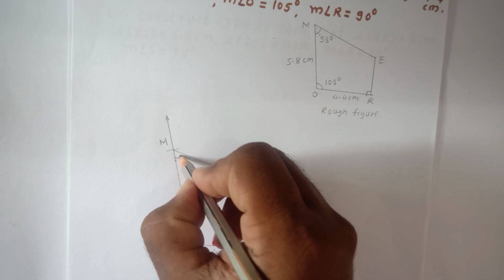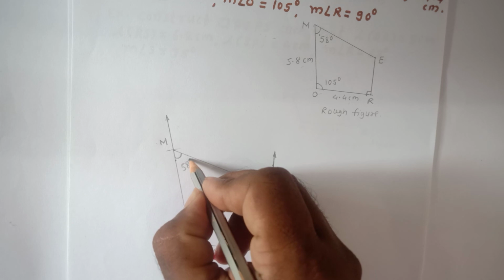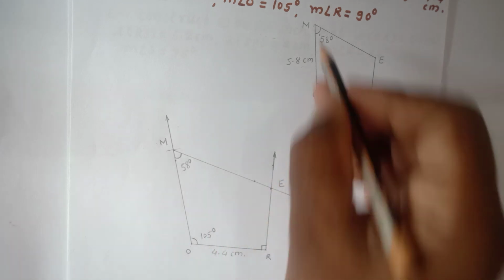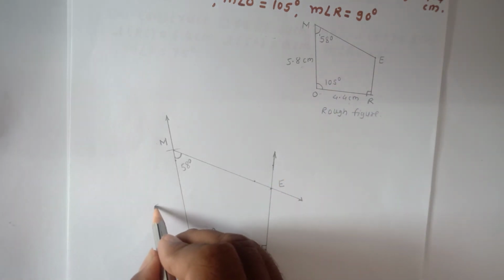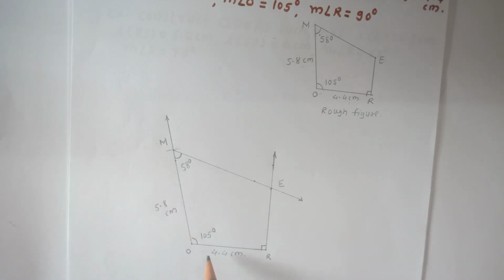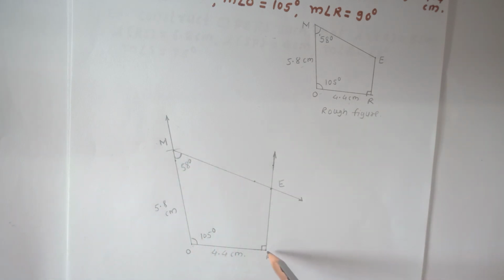This angle is 58 degree. This angle is 105 degree. Length of MO 5.8 centimeter. Length of OR 4.4 centimeter. In this way we have drawn quadrilateral MORE.